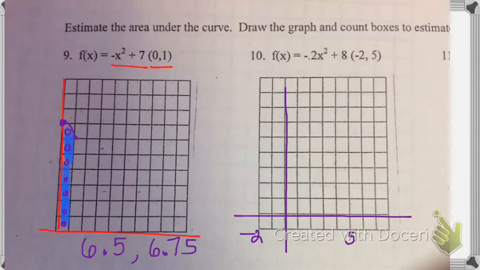So negative 2 was 7.2, so just a little bit above 7. Negative 1 was 7.8, so even higher, I guess. 0 is 8. 1 is 7.8. 2 is 7.2.